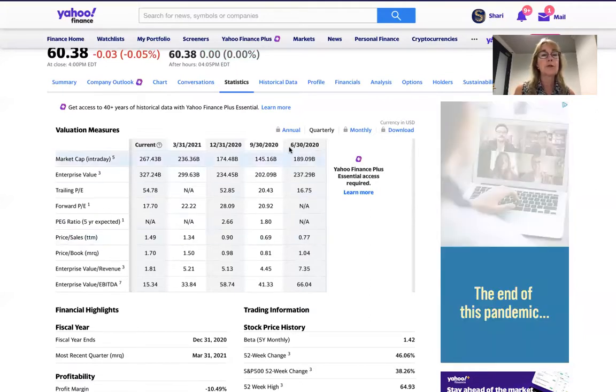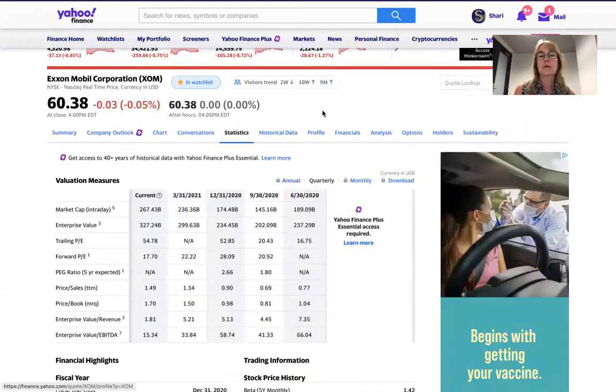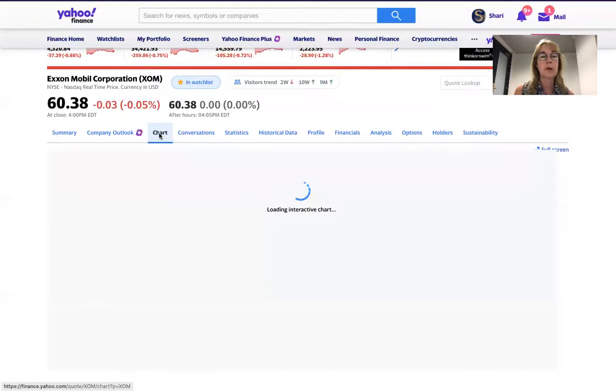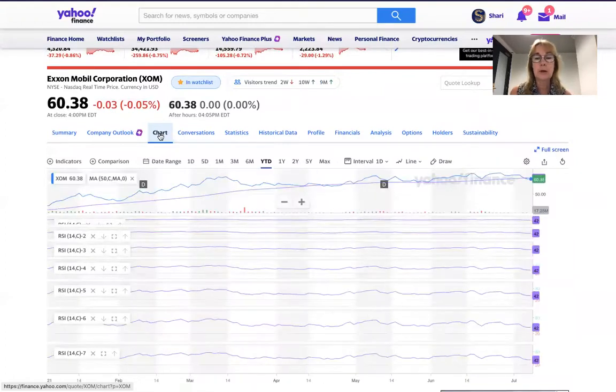Okay, so let's look at charts. Here it is. Okay, so we're in ExxonMobil. Let's go to the charts for ExxonMobil. So the three charts that I want to show you are the moving averages, the Bollinger Bands, and the RSI, the relative strength indicator.